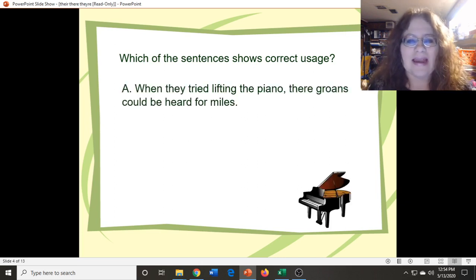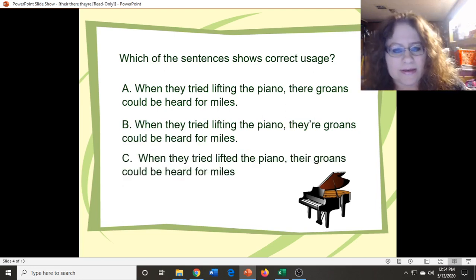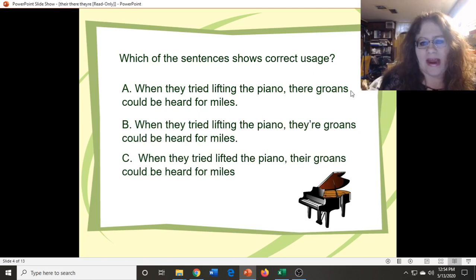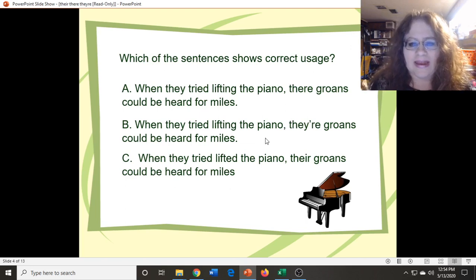When they tried lifting the piano, their groans could be heard for miles. All right, so you're going to look at their groans, okay? If we look, we can quickly eliminate the contraction they're, because we wouldn't say, when they tried lifting the piano, they are groans could be heard for miles.